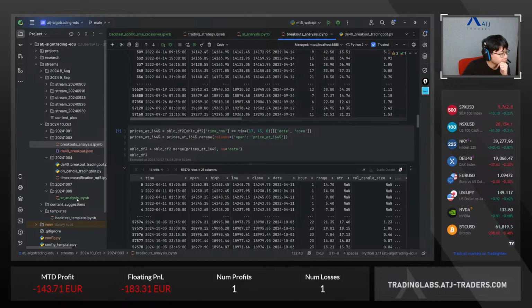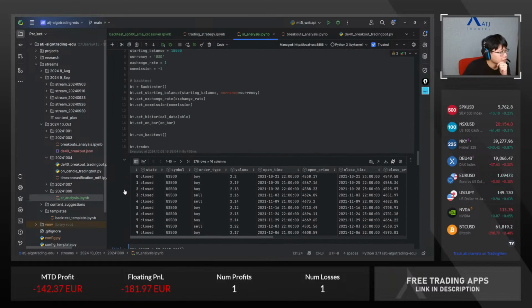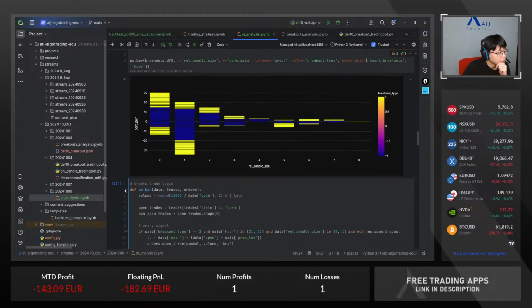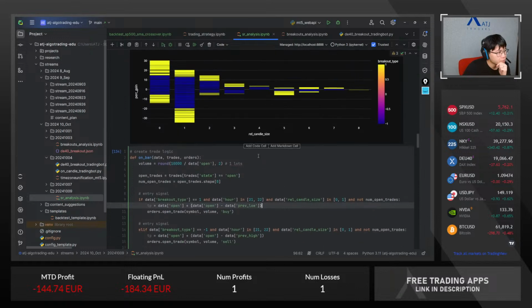So right now I still prefer the DE40 over the general SR analysis. Filtering the hour by 21-22 seems fine to me, right? So we're just looking for breakouts at a specific hour, which should still be okay.